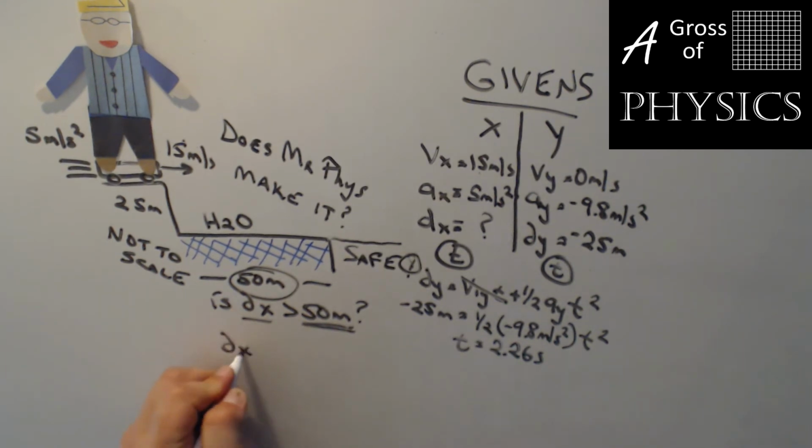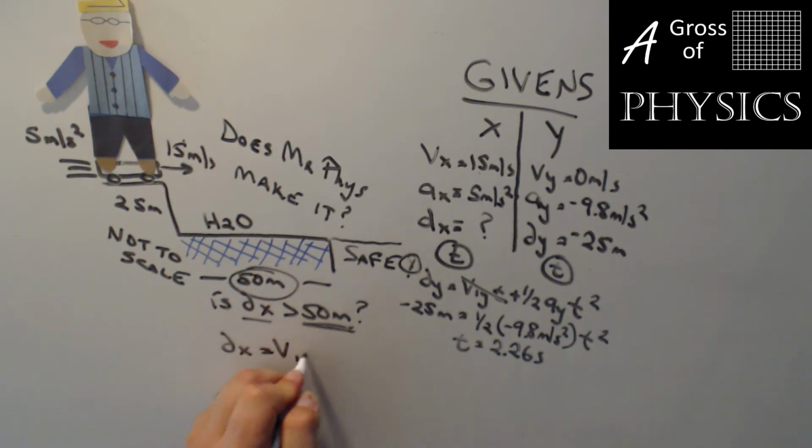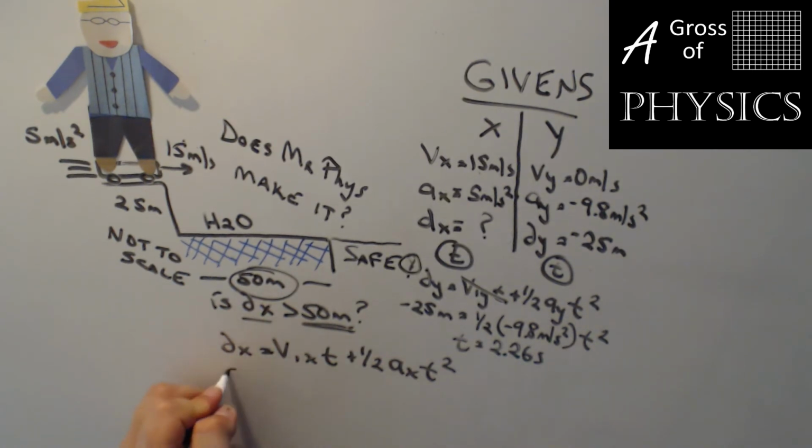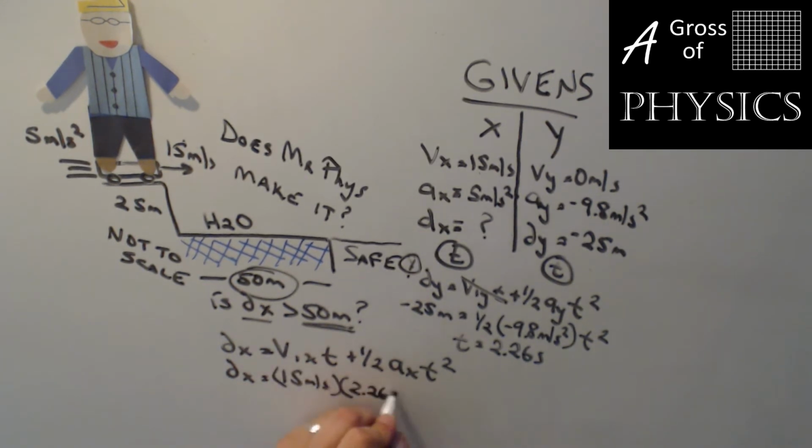So dx equals vix t plus 1/2 ax t squared. Normally this term disappears, but in this case it stays. 15 meters per second times 2.26 seconds plus 1/2 times 5 meters per second squared times 2.26 seconds squared.